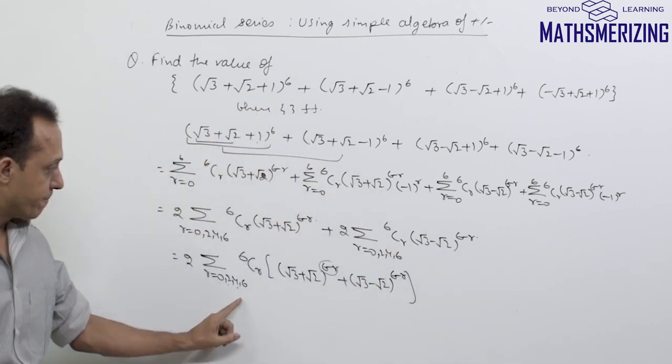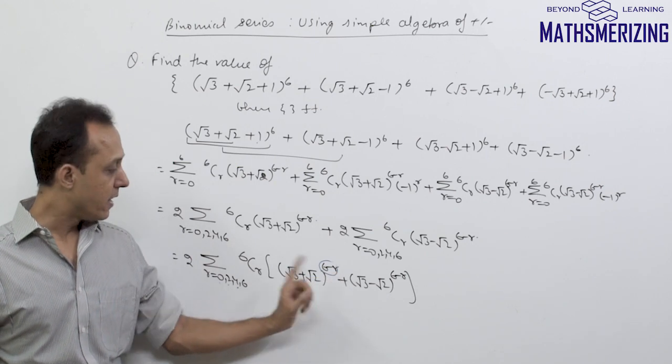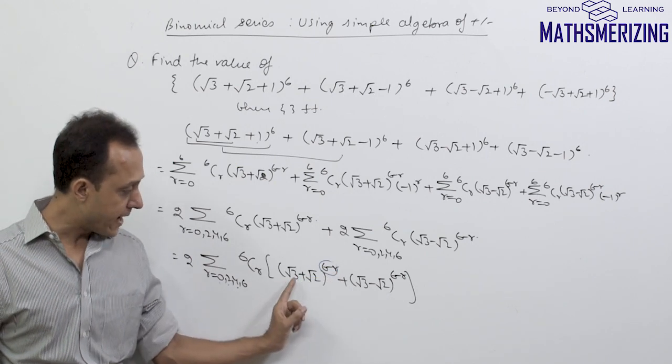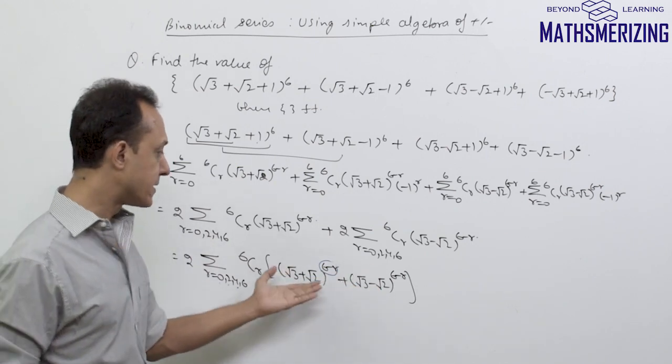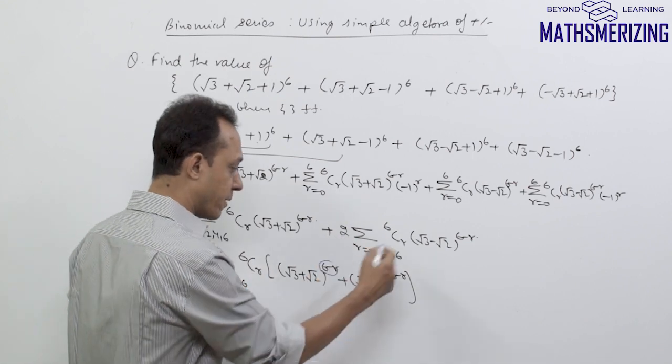When r is even, then 6 minus r will also be even, and this again is of the form a plus b and a minus b. So in this case again, all the odd number terms will cancel.